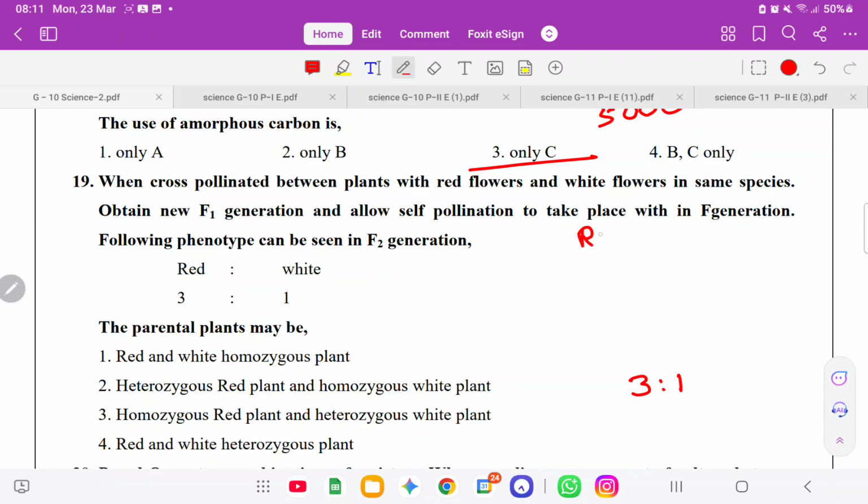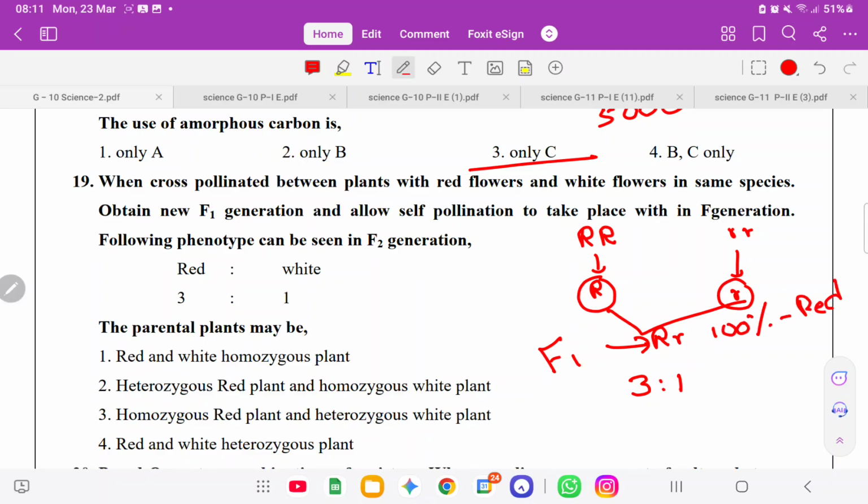If we take red flowers as homozygous red flowers, it's capital R capital R, and the gametes are capital R; for the white it's simple r. So when you cross it, the F1 generation is 100% red, right? Then capital R simple r crossed with capital R simple r.